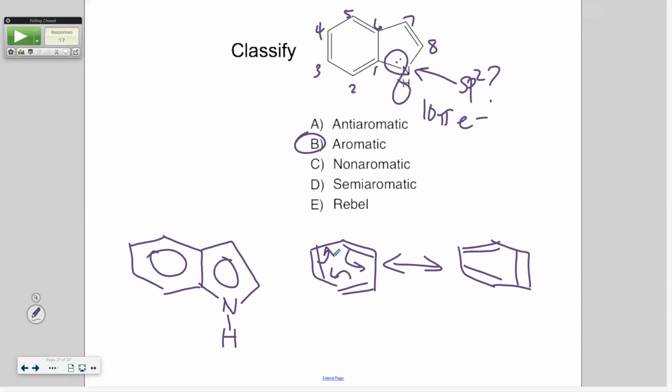Notice that if you draw the hybrid, what happens? Here's my backbone, so I'm going to have partial bonds all the way around. Look at what that looks like: a little circle in the middle. So you might find it easier to write some of the stuff as we go forward with the circle in the middle.